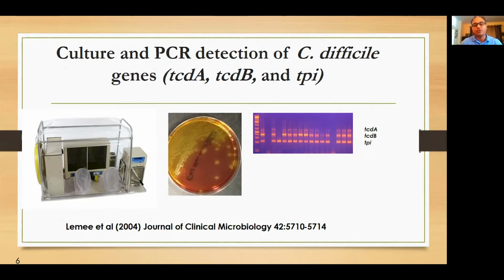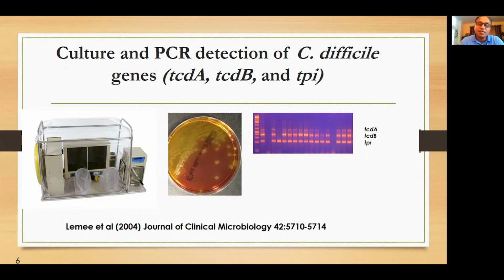Therefore, we try to sample all kinds of sources. For that purpose, we need a really good anaerobic system to culture them, because this bacterium cannot tolerate oxygen and will not grow in the presence of oxygen. We also need highly selective media to find them from thousands of other bacterial backgrounds.